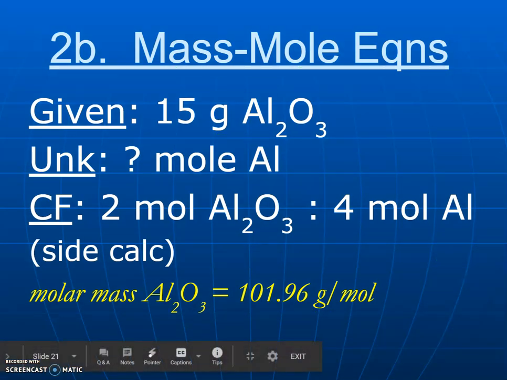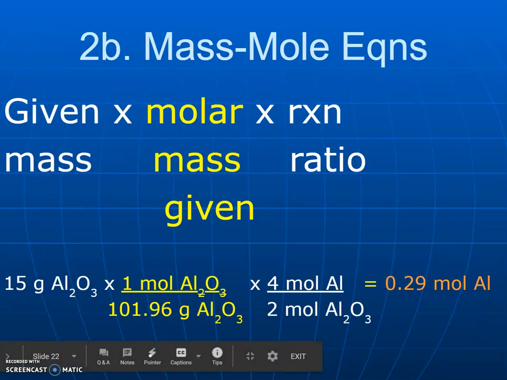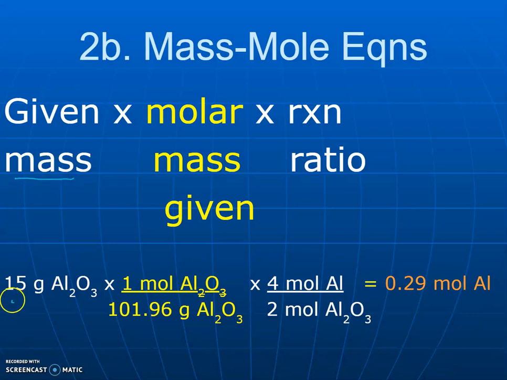It's very rarely that we say the word always in science, but this is always. Always and forever. So to review, given mass, 15 grams Al2O3, use the molar mass of the given. Do your side calc to figure out what your molar masses are. You should be pros from the chemical quantities chapter. If you have 15 grams of Al2O3, you're going to have 101.96 grams of Al2O3 on the bottom, and 1 mole of Al2O3 will go up top.